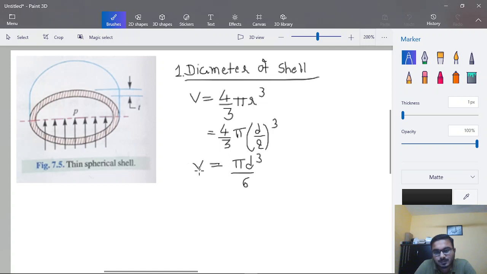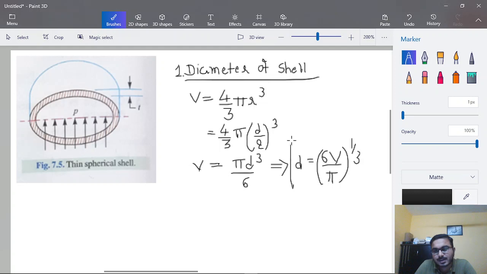So this is the volume. To obtain the diameter, we can convert this equation as d is equal to 6v divided by pi, raised to 1/3.